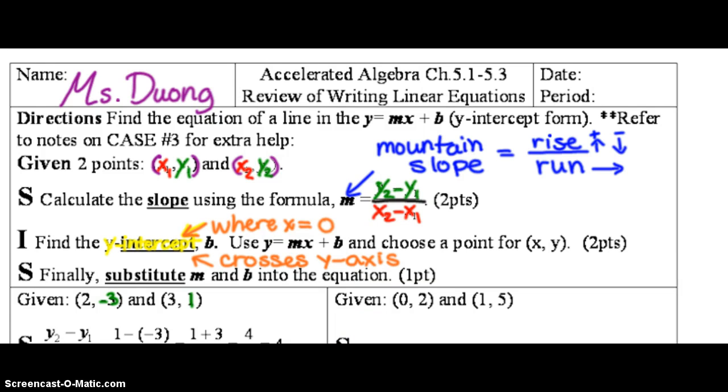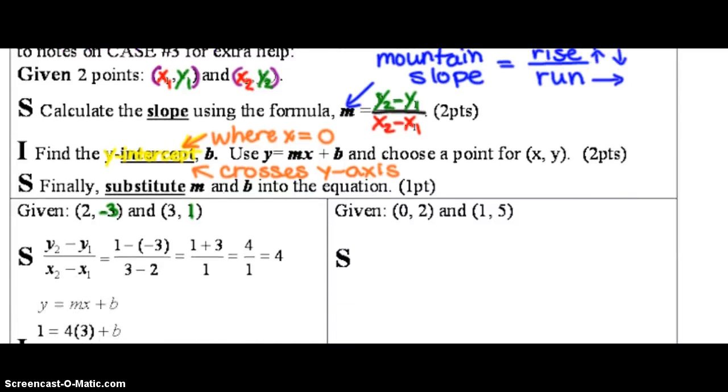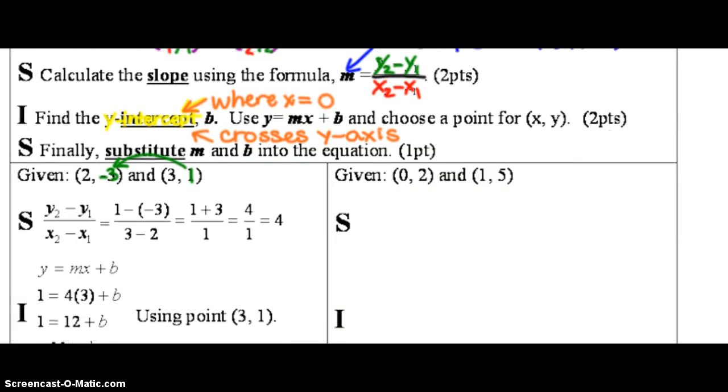So given the first example, (2, -3) and (3, 1). Notice I'm taking the difference of the y's, 1 minus -3, and now the difference of the x's, 3 minus 2. There's my fraction bar to tell me to divide.